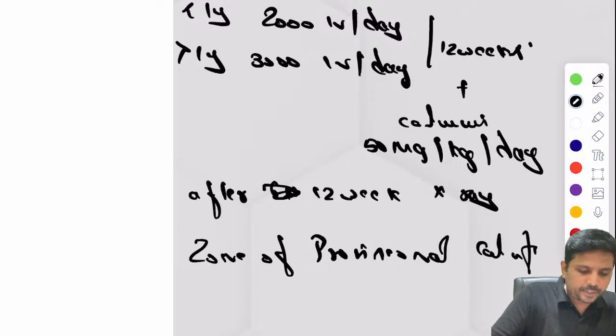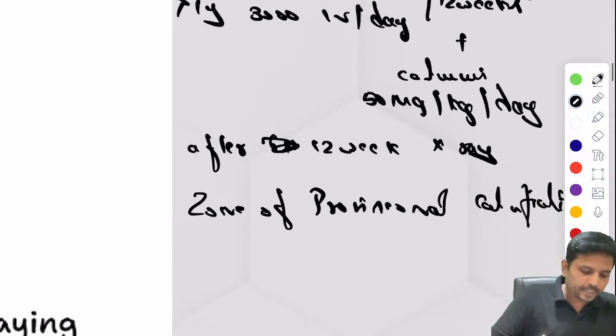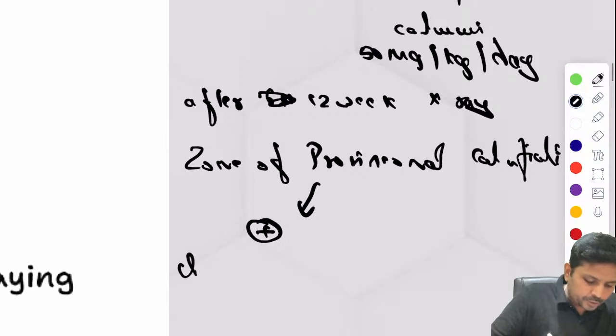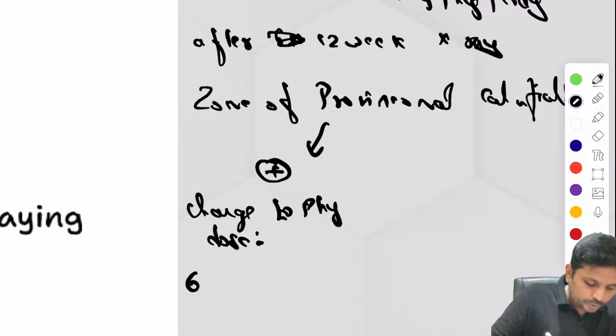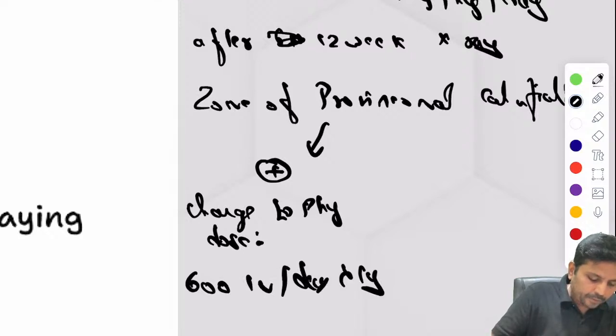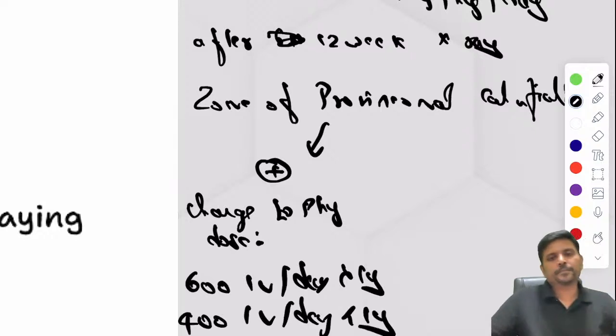If zone of provisional calcification occurs, change to physiological dose. So what is the physiological dose? Physiological dose is 600 international units per day after 1 year and 400 international units per day before 1 year.